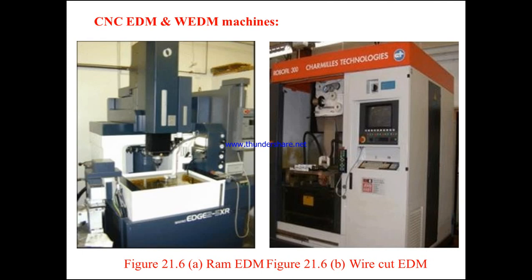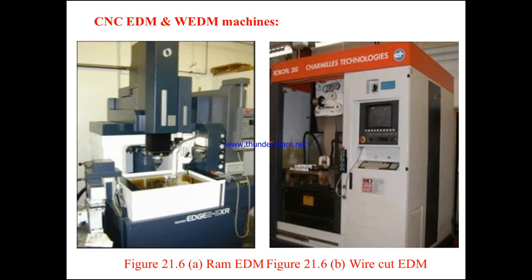It is primarily used to machine hard materials, those hard materials which cannot be machined by the normal conventional ways, by using lathes, milling cutters, or other things. When hard metals cannot be machined, at that time we have to go by using electrical discharge machining.